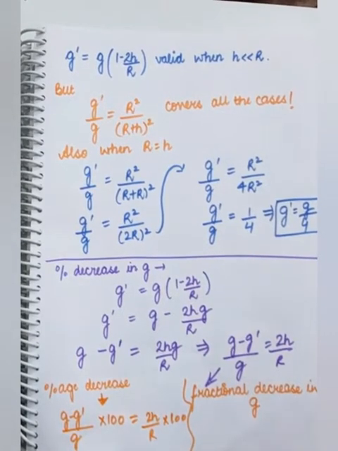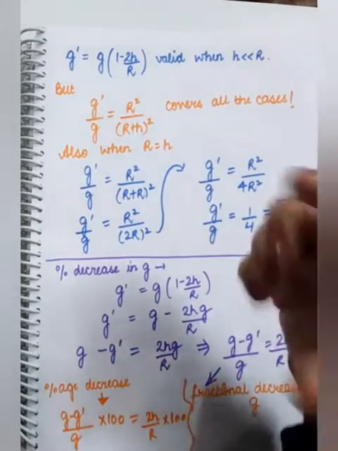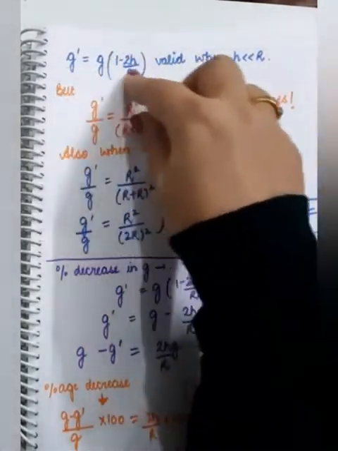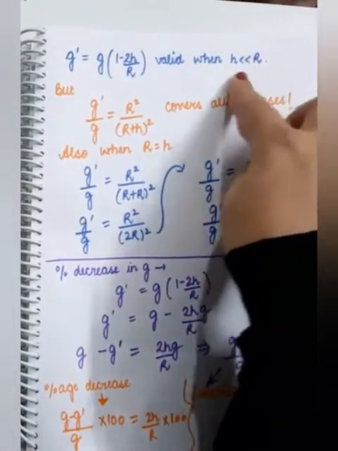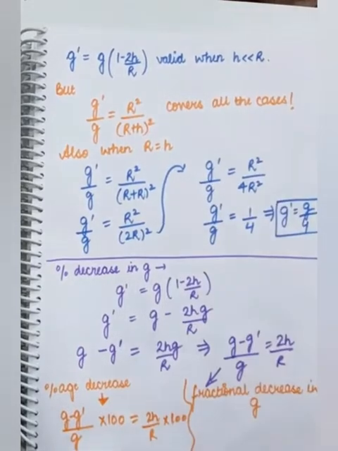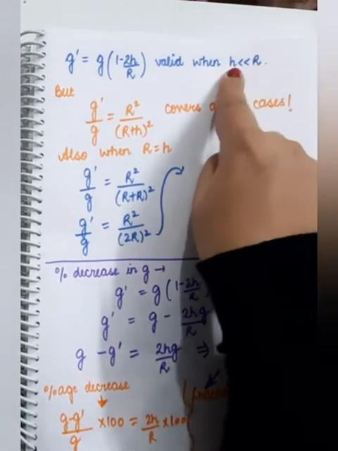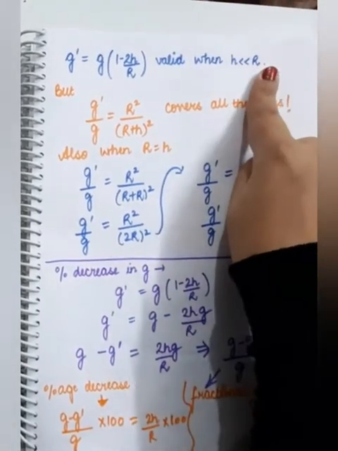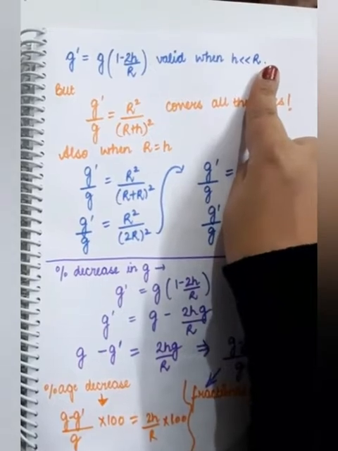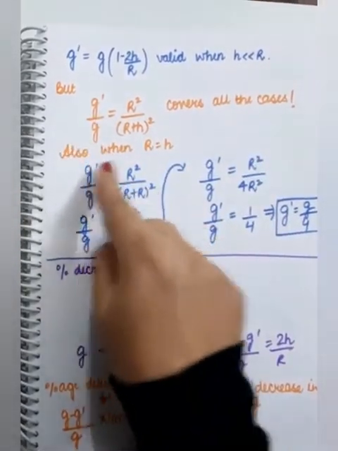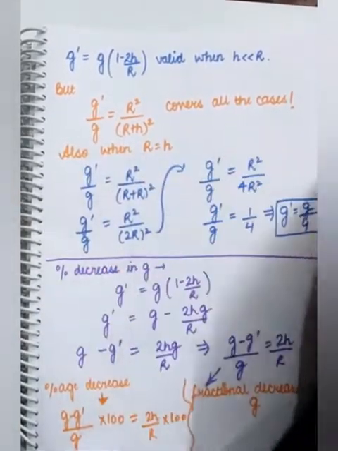Always remember that this relation is only valid for this condition. If you talk about any other situation, like a satellite rising, any situation where the height is comparable with the radius of the earth, then this relation is not valid.